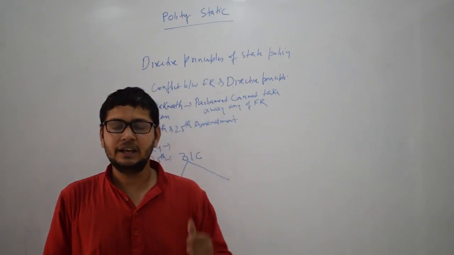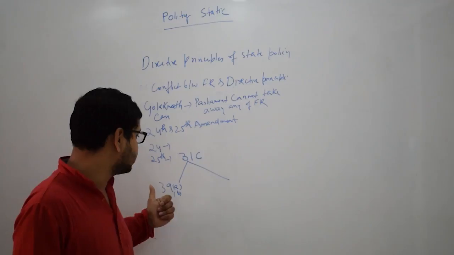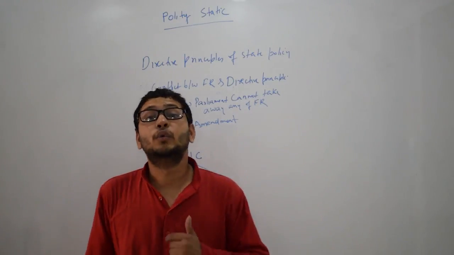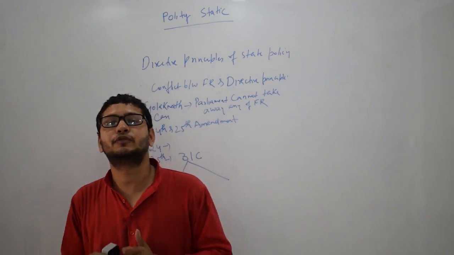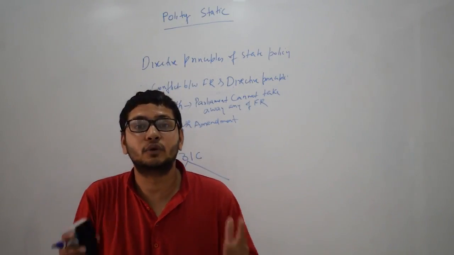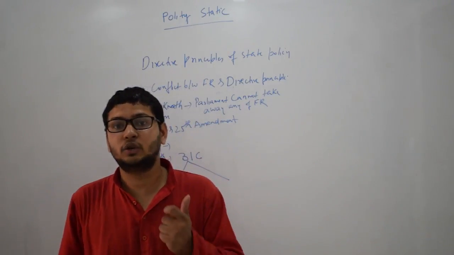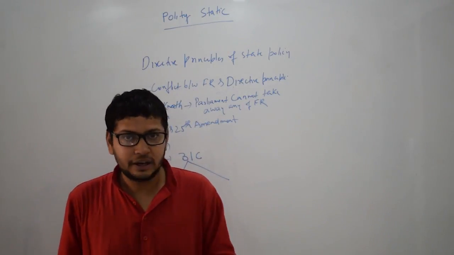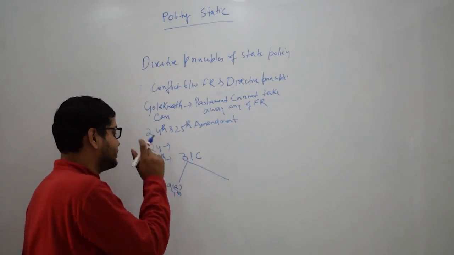So any law implementing this provision will not be void on the grounds that it violates a fundamental right, such as Article 14 or Article 19 or Article 31, which is right to property. Right? This was the first provision of Article 31C.